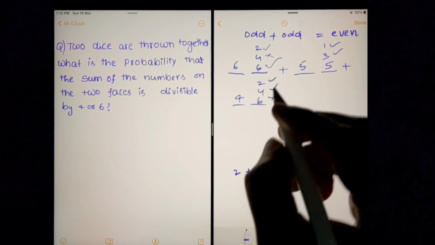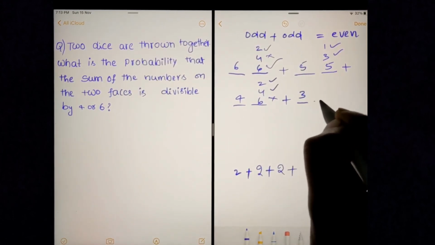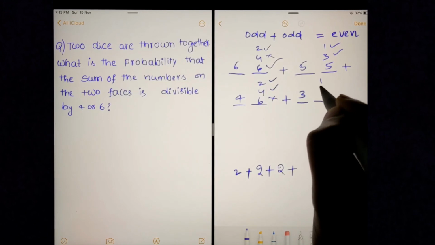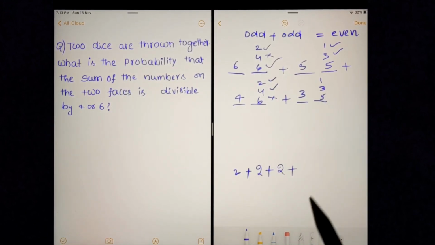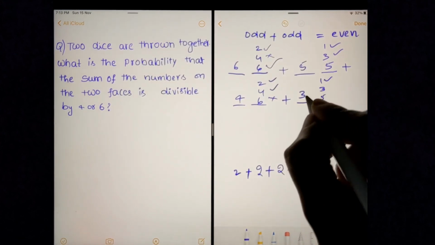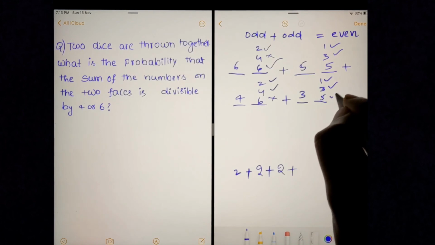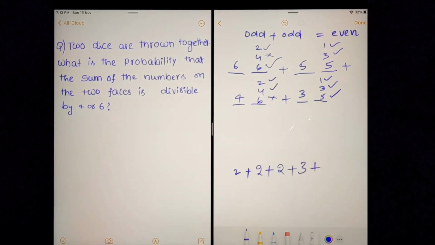Two outcomes are here. If the first number is 3, because this is an odd number, the second number cannot be even, we can take only odd numbers 1, 3, 5. Let's see which of them are satisfying. 3 plus 1, 4, it is satisfying. And 3 plus 3 is 6, it is satisfying. And 3 plus 5 is 8, it is also satisfying. Here 3 outcomes are there.